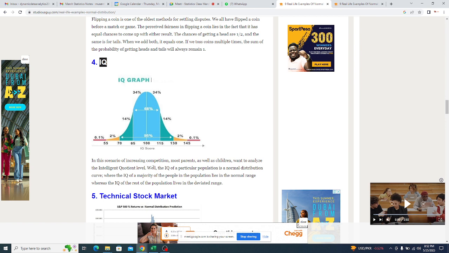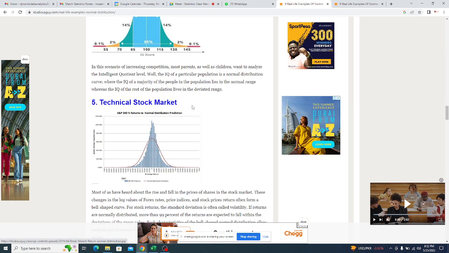quotient level. So the IQ of a particular population is normally distributed, where the IQ of the majority of the people lies in the normal range, whereas the IQ of the rest of the population lies in a deviated range.